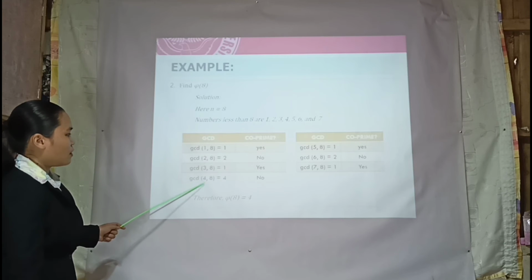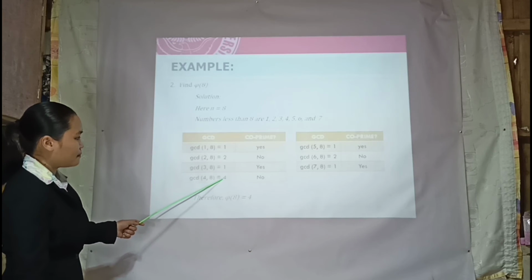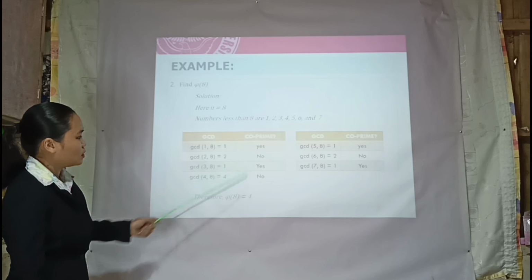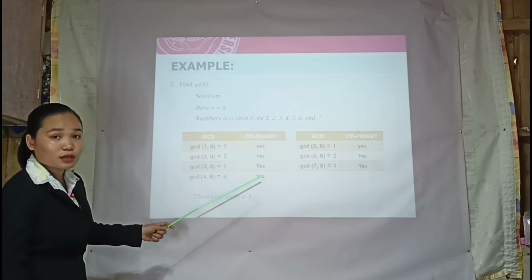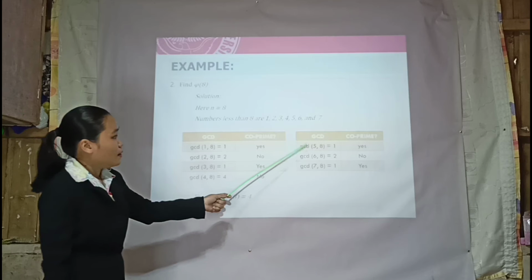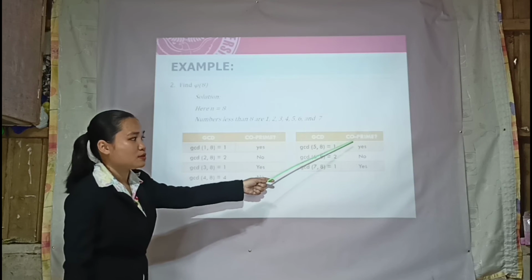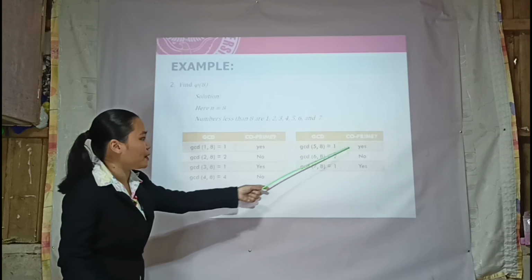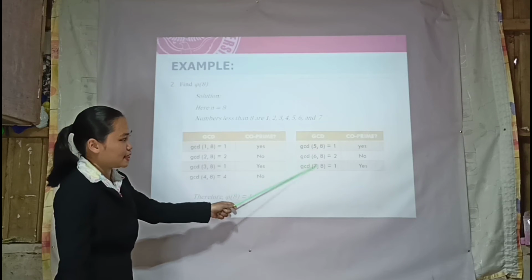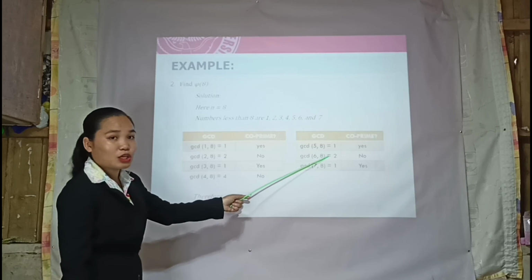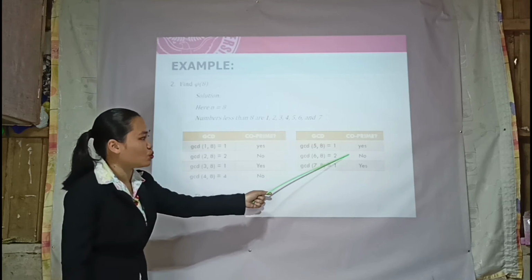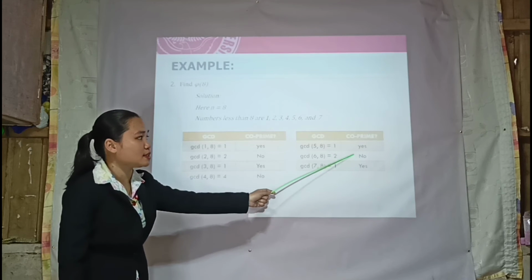For the GCD of 4 and 8, we have 4. Since the answer is 4 and not 1, it is a no. The GCD of 5 and 8 equals 1, so it is co-prime, yes. The GCD of 6 and 8 equals 2, so since the answer is 2 and not 1, the answer is no.